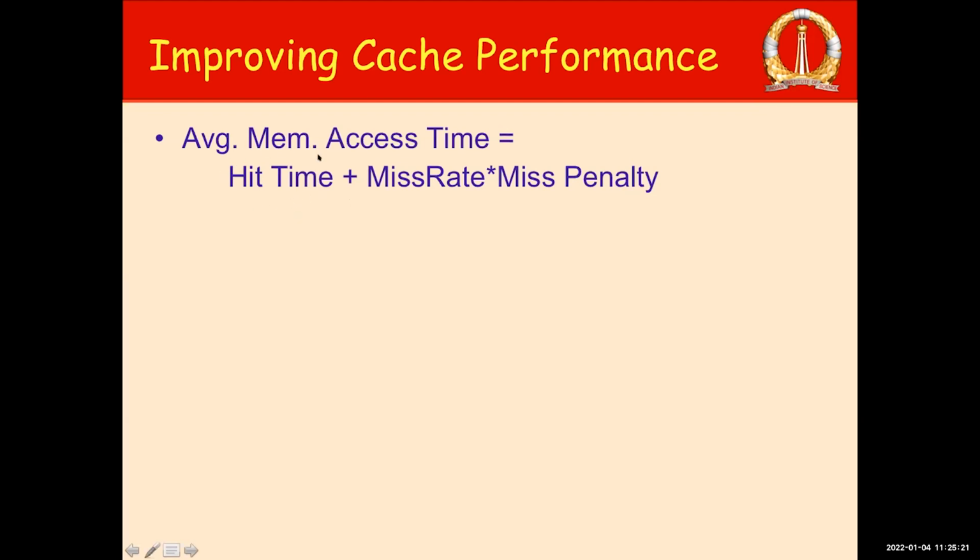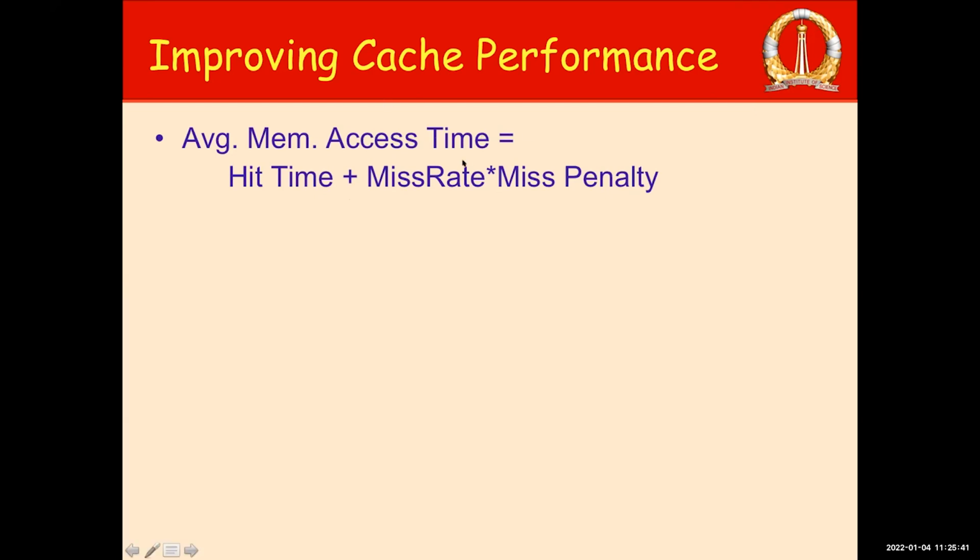If the data is not available, then after the hit time, I get to know that it is a cache miss, right? Then in the remaining 10% of the cases, I incur what is called the miss penalty, which is the amount of time it takes to bring the data from the memory block to the cache and then access the required data.